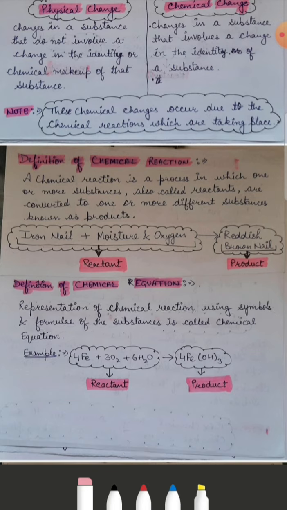So this is the difference between chemical reaction and chemical equation: a chemical reaction involves reactants and products, and a chemical equation is the similar form of these substances but in the form of symbols.